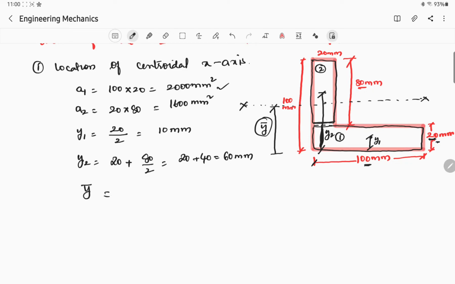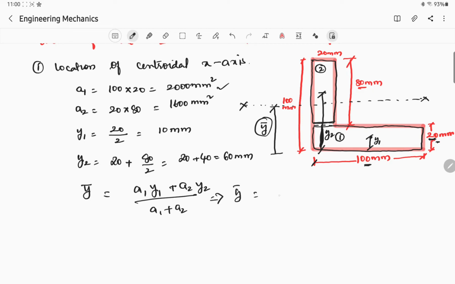We have the formula y bar is equal to (A1 y1 + A2 y2) divided by (A1 + A2), which we have calculated many times. So y bar is equal to, what is the value of A1?